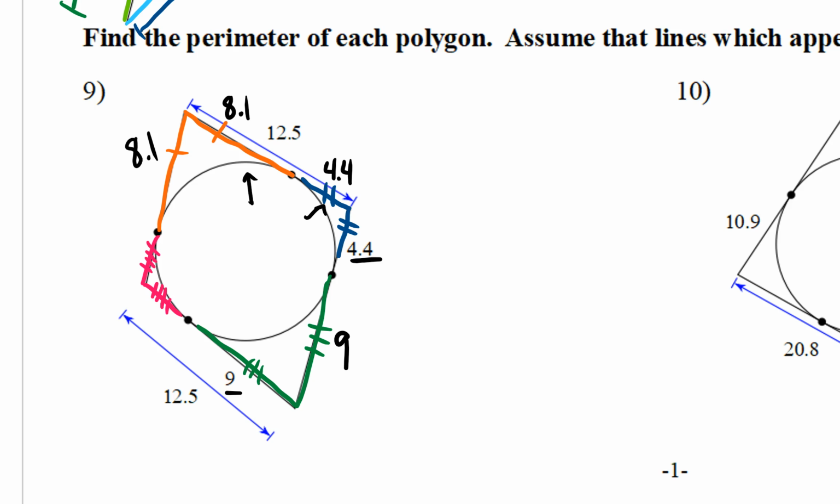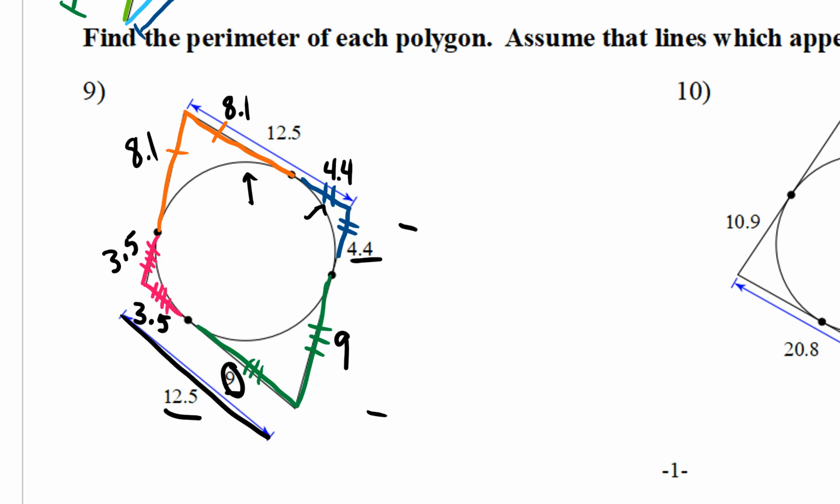Then we use the same concept down for this 12.5 and say, okay, I have 9, I want 12.5, so I subtract and figure out that this is 3.5, which makes this piece 3.5. From here, it's just adding up all the pieces to get the perimeter, but what I like to do is add up and figure out what this whole length is.